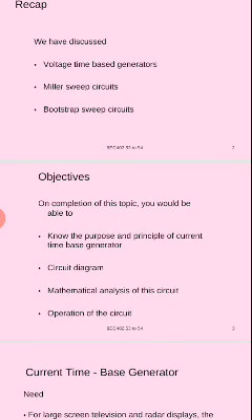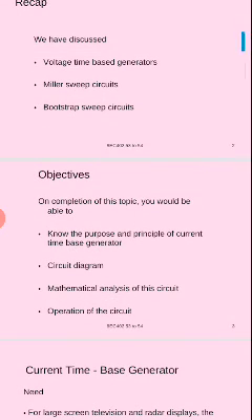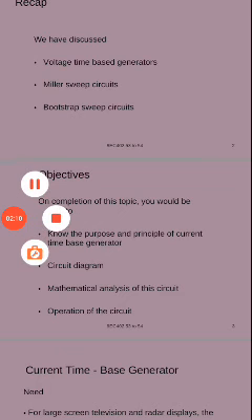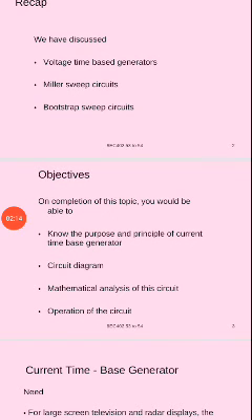Basically, we go for the Miller sweep to get lesser error in the sweep voltage. Other sweep generators generate high error, hence we go to the Miller sweep.